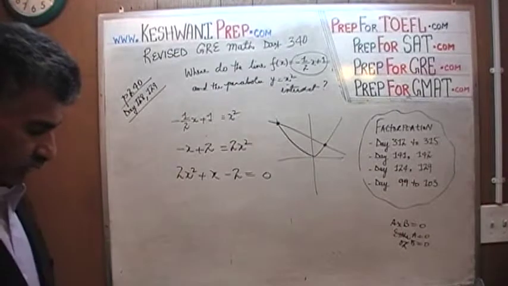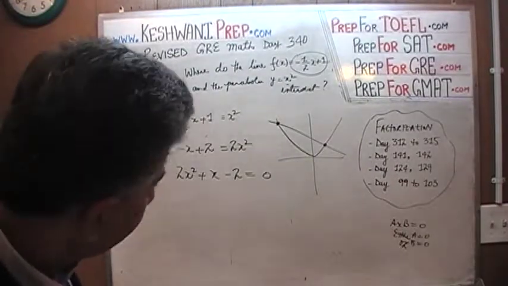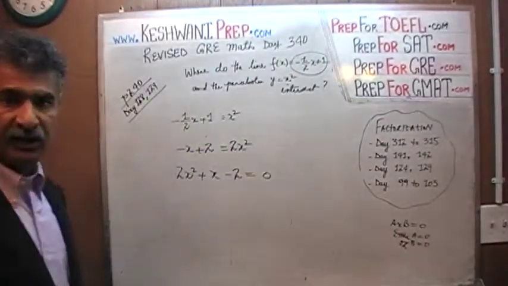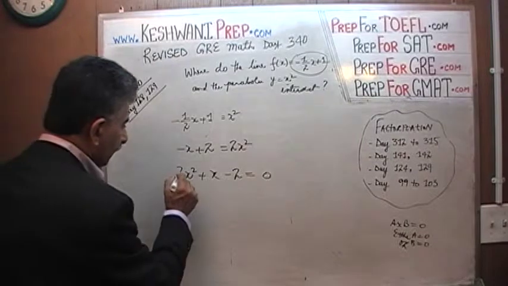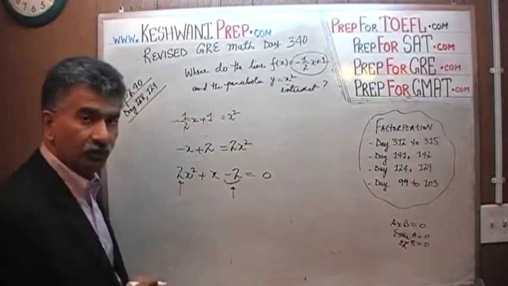It's a quite straightforward quadratic equation. And watch what happens. Now, what we are asking ourselves is, we get a 2 here, we get a negative 2 here, which means 2 times negative 2 is negative 4.